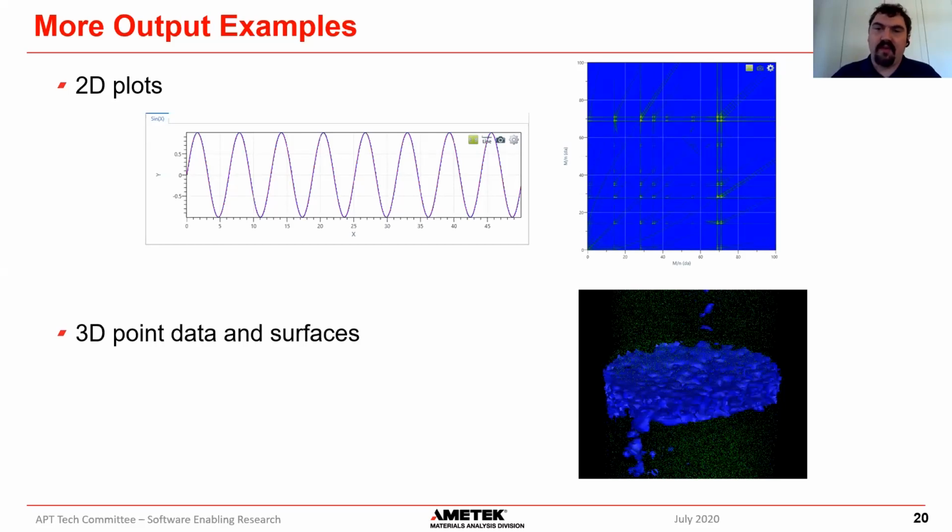And you can have also like a graphical heat map, color map type plot, which is shown on the right there. And you can have a more standard Atom Probe software 3D view with whatever data you'd like. And you can also add points. You can add points and surfaces to that 3D data. And the interface for the view builder is very, very easy to use. It was meant to be very easy for the users to add new visualizations.